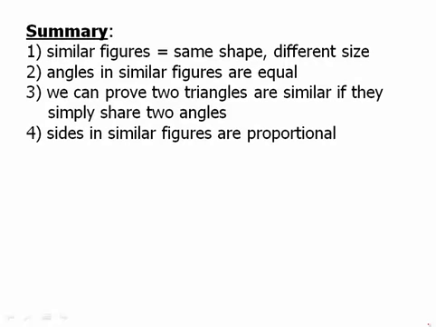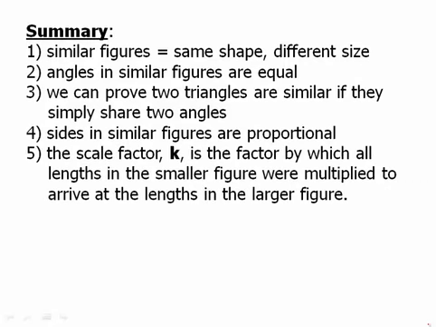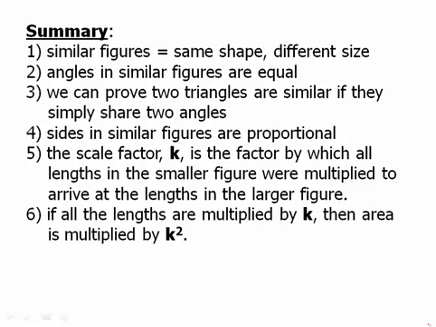There's a number of ways we can set up those proportions. The scale factor k is the factor by which all lengths in the smaller figure were multiplied to arrive at the lengths in the larger figure. And finally, this is the fact that may show up, though not necessarily, only on more advanced problems. If all the lengths are multiplied by k, then the area is multiplied by k squared, the scale factor squared.